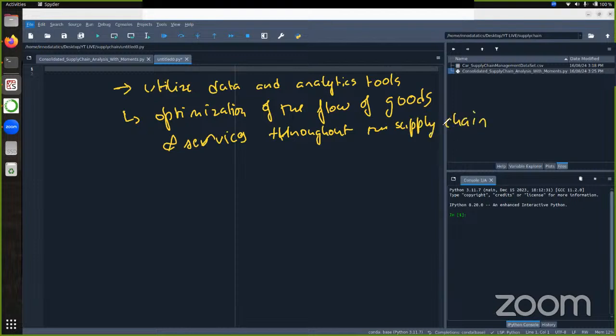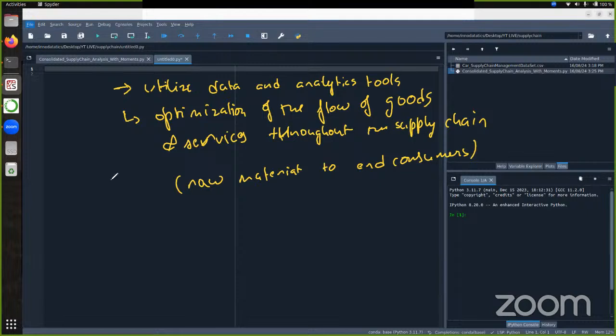We're going to take a look at how anything is converted from raw material to how it goes to end consumers. That is what we are focusing on as part of our supply chain analytics.